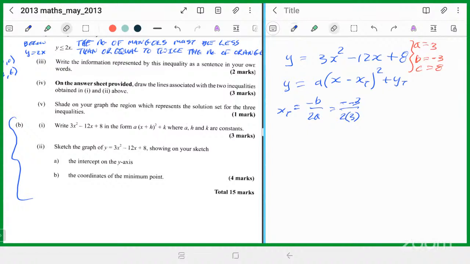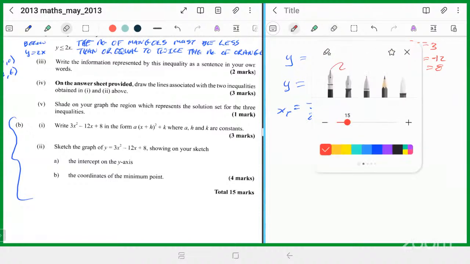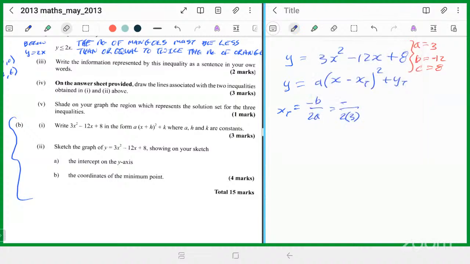That becomes a positive 12 over 6 times 3, which works out to 2.